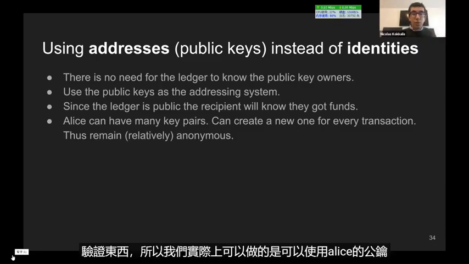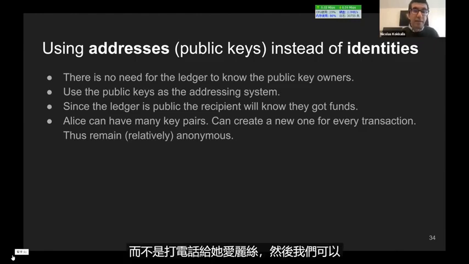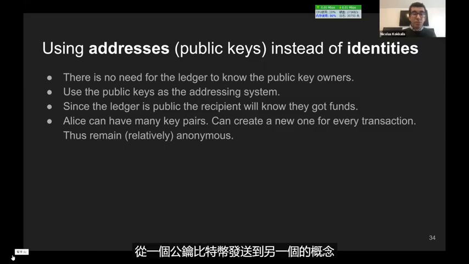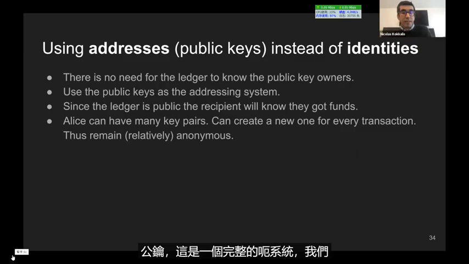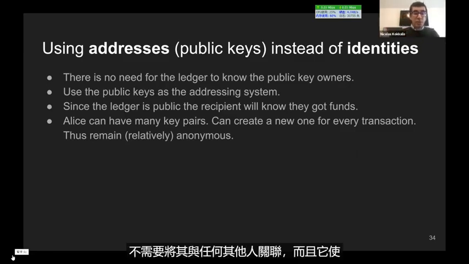So what we can do is use Alice's public key rather than calling her Alice. And then we can just call that public key a wallet address. It's like the username that you want to send funds to, and we're done. So then we have the concept of sending Bitcoin from one public key to another public key, and that is a complete system, and we don't need to associate it with anything else.